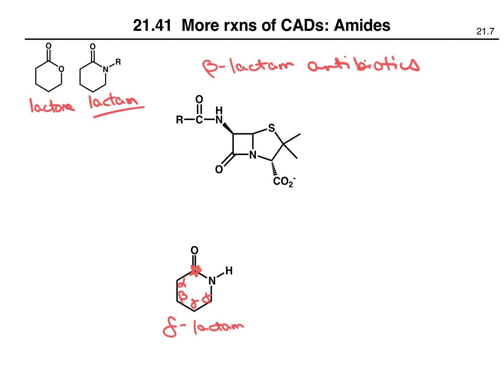So this is important because many of these beta lactam antibiotics can react with an enzyme that is responsible for building cell walls, and this can react here, push up these electrons, come back down, open up the ring, and so it will give you something that looks like this.